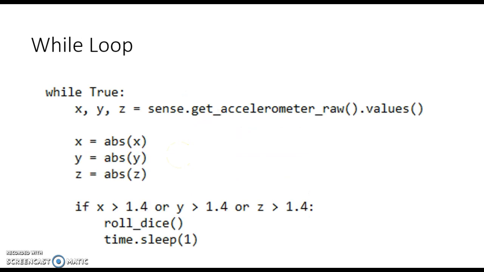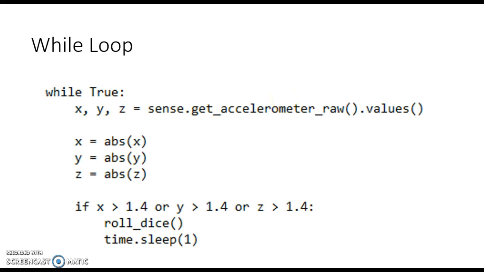Next comes the while loop, which keeps the code running for as long as this is true. You state what the x, y, and z are, which is the sense.get_accelerometer_raw().values().